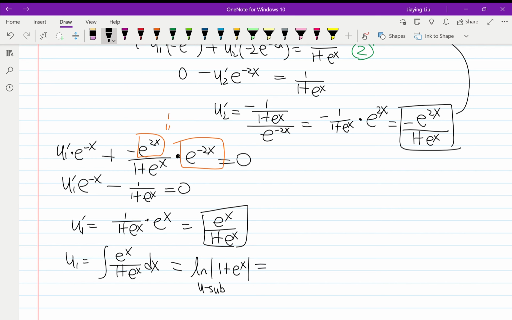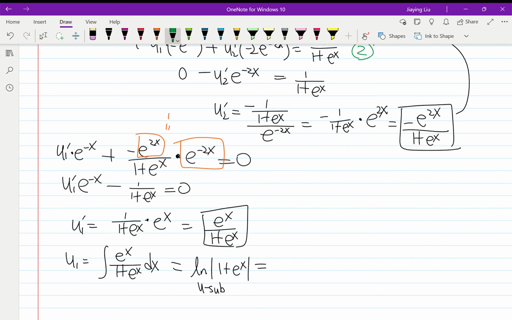It turns out that there's no need to keep the absolute value sign for this. If we look at what we have here, the reason we have an absolute value is because we want anything in the natural log to be positive, right? We cannot take a natural log of a negative. That's why we have this absolute value sign here. But if you look inside, e to the x is always positive, plus 1, so that means this sum is always greater than 1.